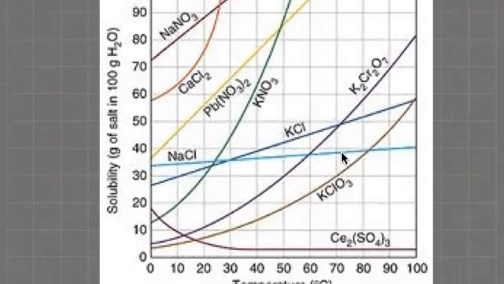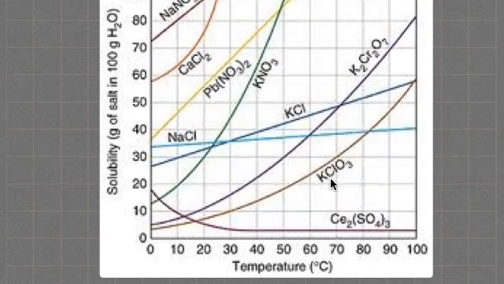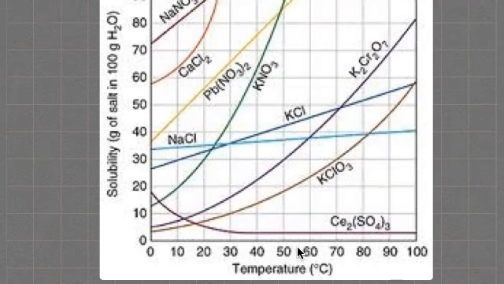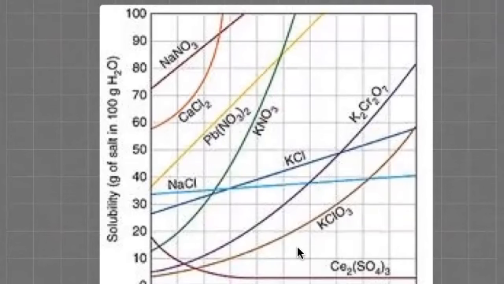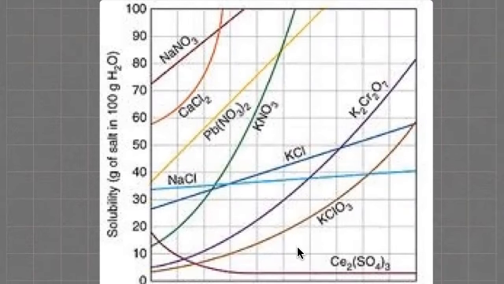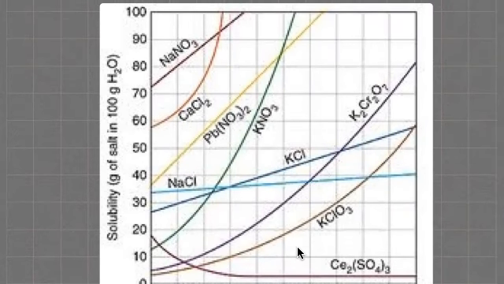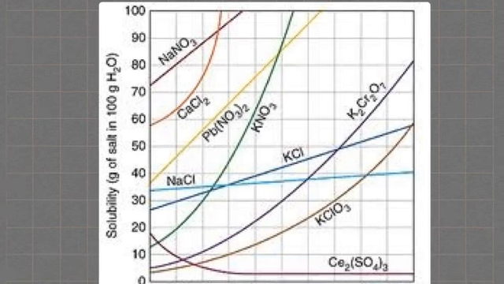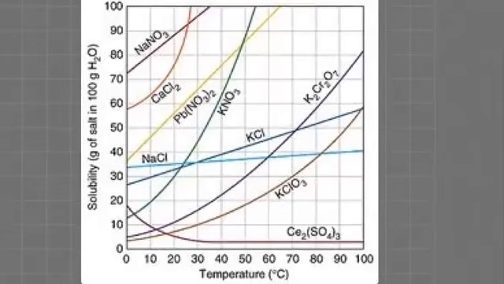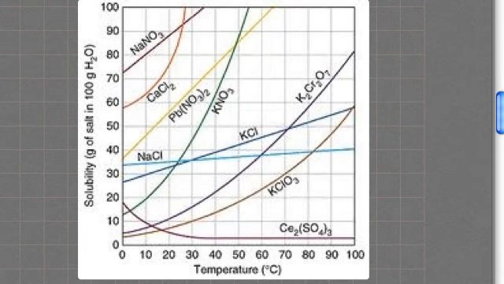Here's a graph similar to one you might find in your book. The bottom axis is temperature, and the vertical axis, the y-axis, is solubility. I wonder if I could shrink this down a little bit so you could see the axes at the same time. There we go.